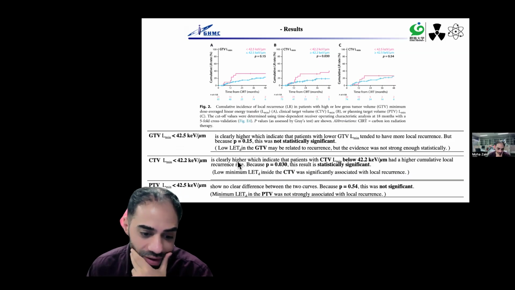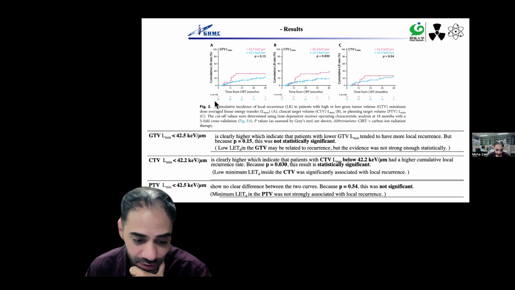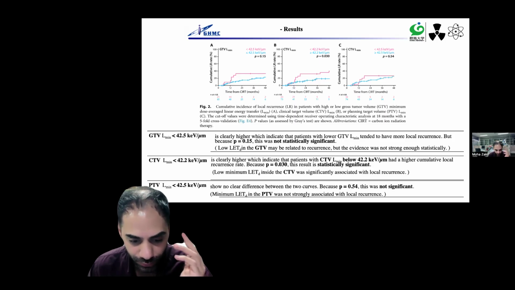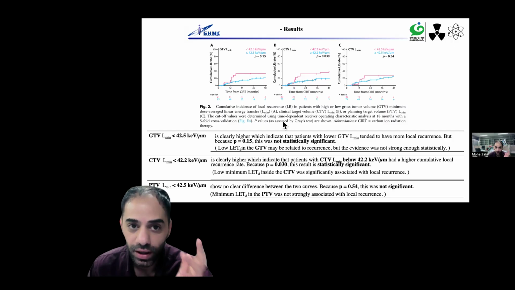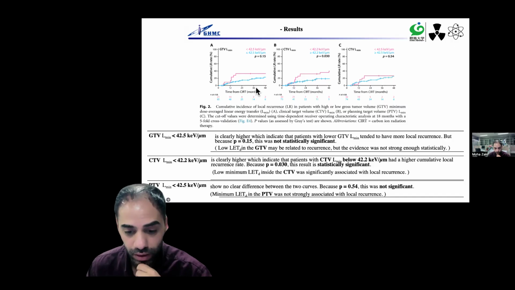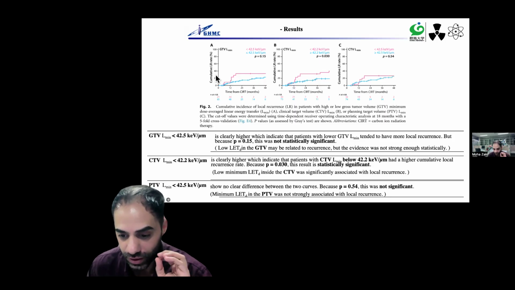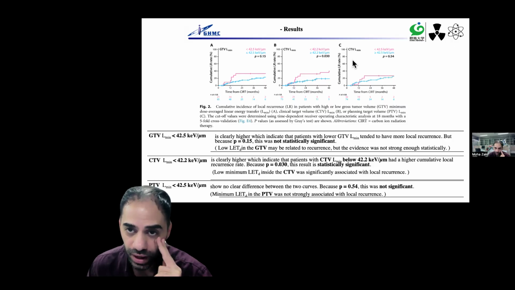And here they compare the local recurrence between patients with low versus high minimum dose average LET in different target volumes, where the pink line is GTV LMN below 42.5 and the blue line is GTV LMN higher than 42.5. It shows the cumulative local recurrence according to the minimum dose average LET in the GTV, CTV, and BTV.